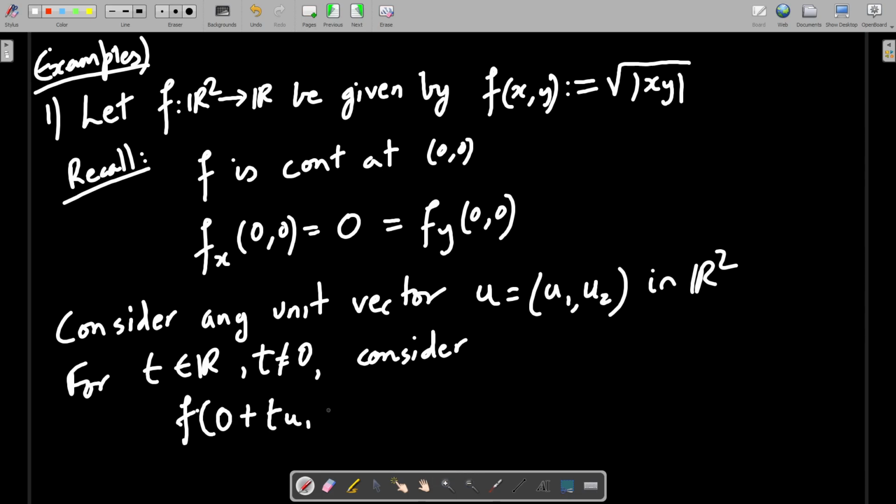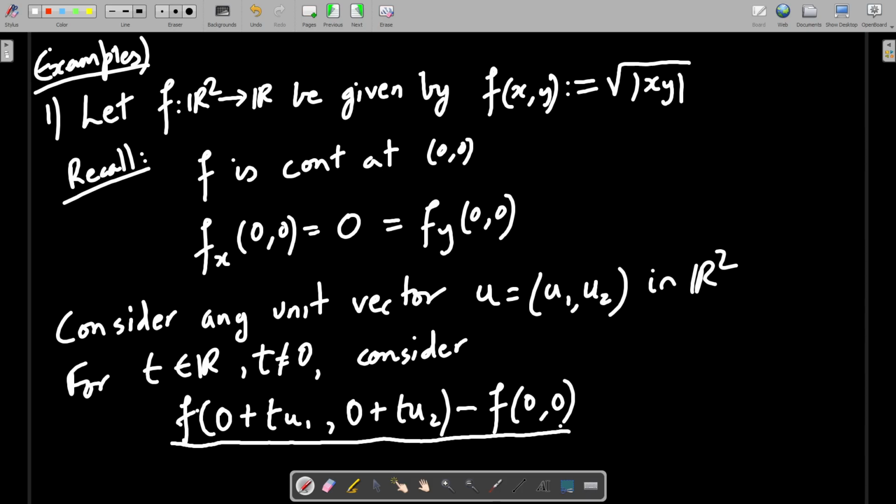Basically this is the formula for directional derivatives. If I take limit t tending to 0, I'll get the directional derivative. Let me simplify this expression. That's why I wrote it like this.